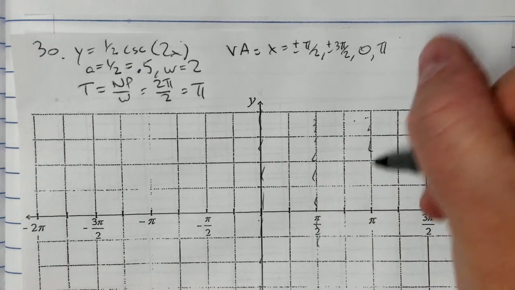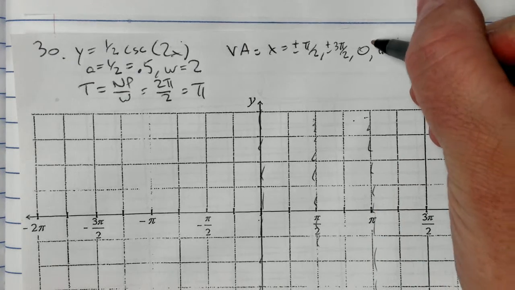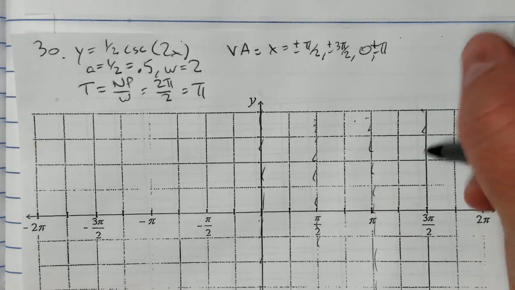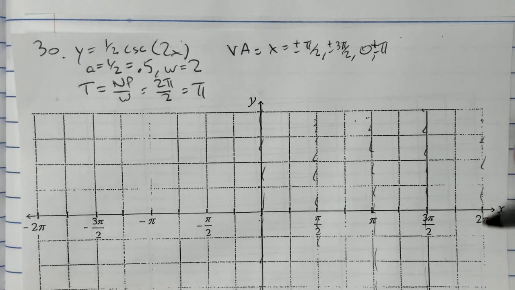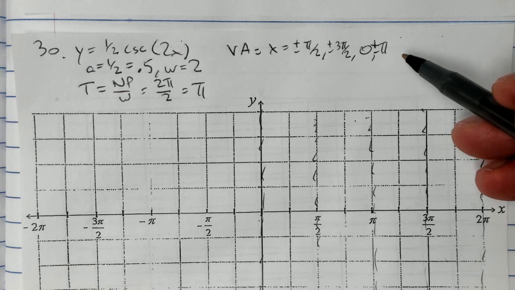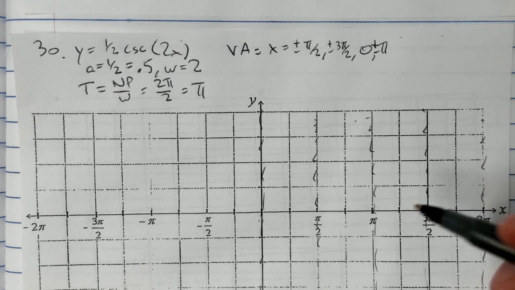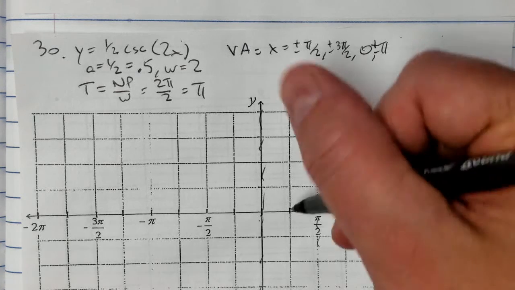Not a plus and minus pi? Oh, yeah, it is. You're right. Good. So this one's going to have a lot more asymptotes than tan or cotan because, as I said a moment ago, there's an up and down cycle that has an asymptote in between.